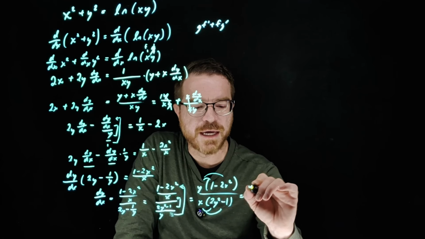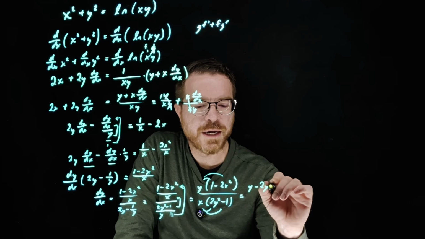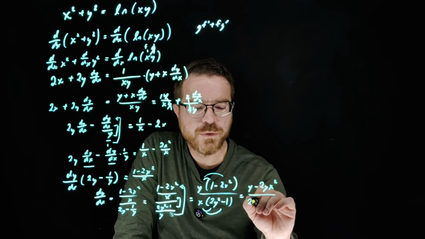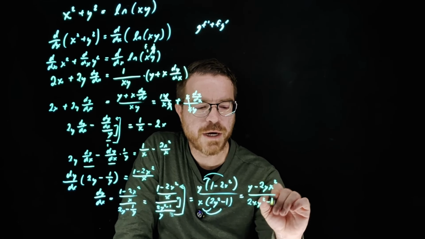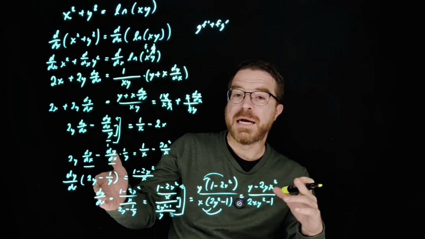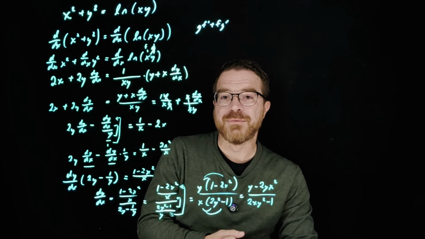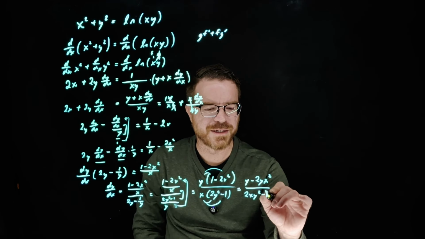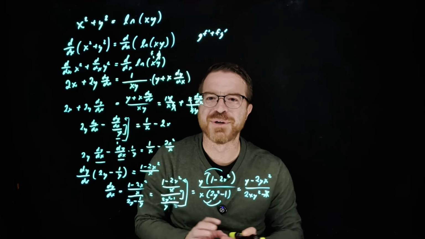So I will have this as y minus 2yx squared divided by 2xy squared minus 1. And that is what my dy/dx is equal to. Actually, sorry, one more small mistake. When I distribute the x, I forgot to distribute the x here. There you go. Now this is what it should be equal to.